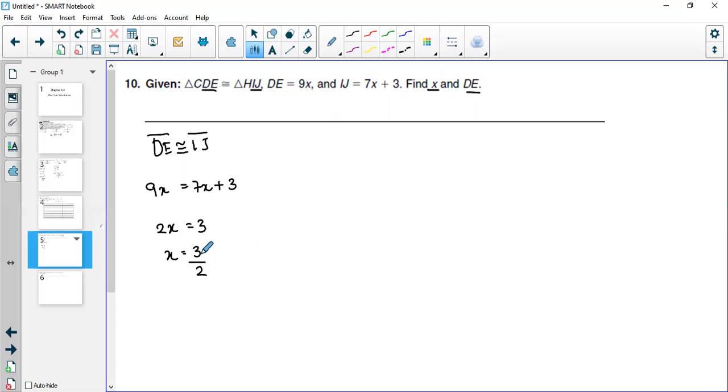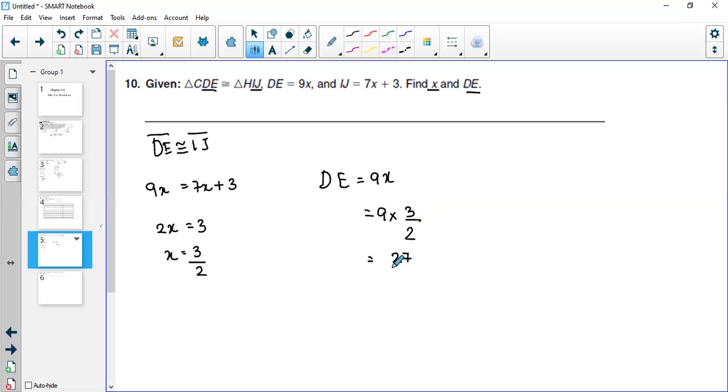So if you want to substitute it back, just leave it like that. It's okay because they did not say find the simplified version of x, right? So we found x. Now we are going to find DE. So DE is going to be 9x, which means 9 multiplied by 3 over 2.